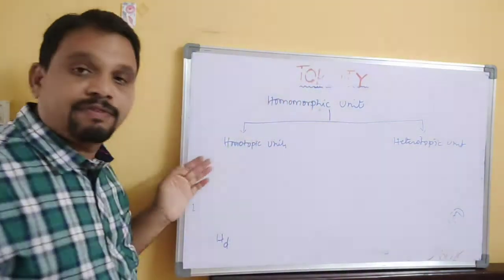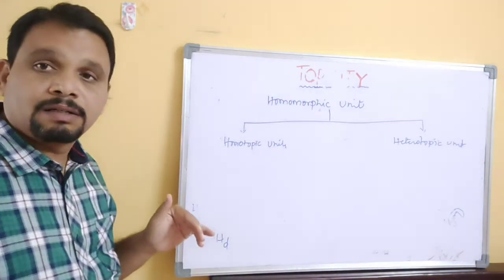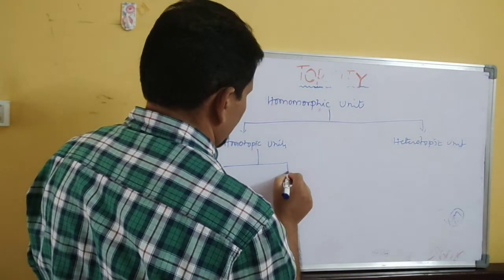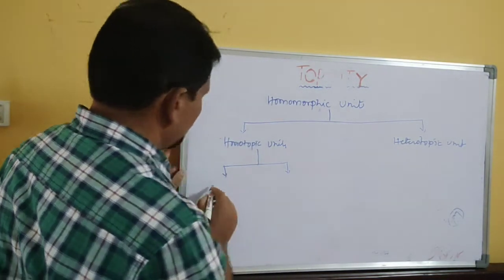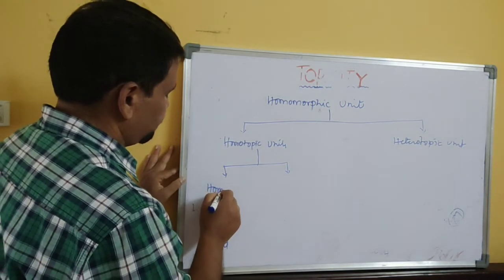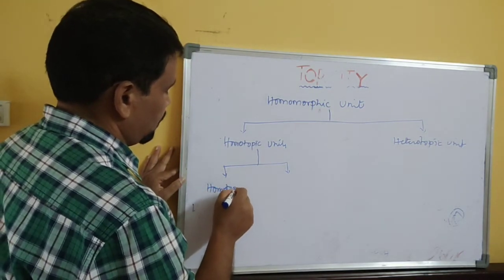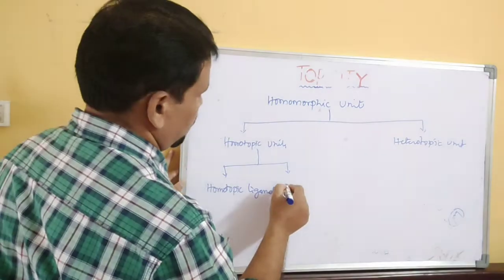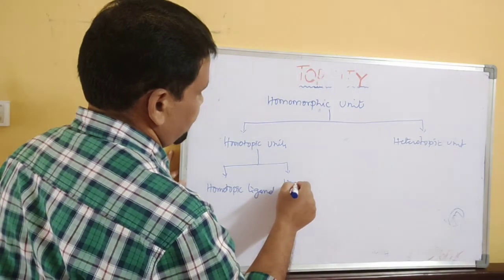They can be classified like that. Further, homotopic units can be classified into homotopic ligand and homotopic phase.